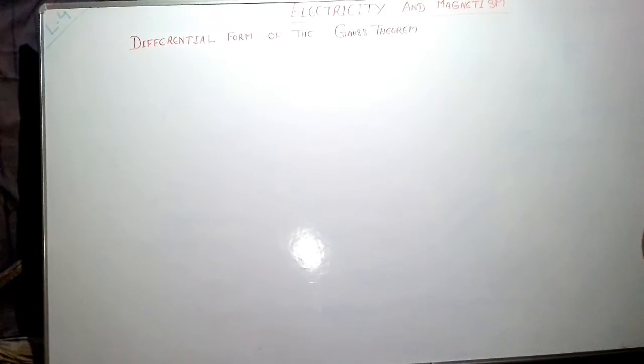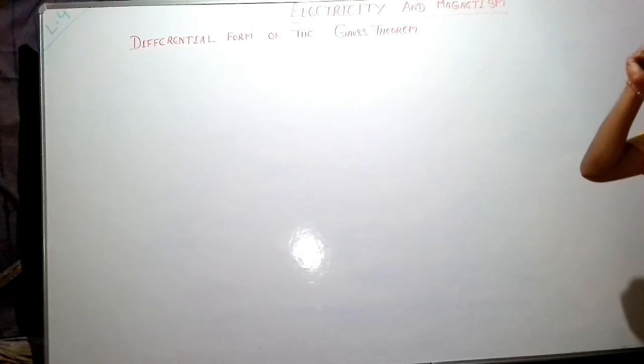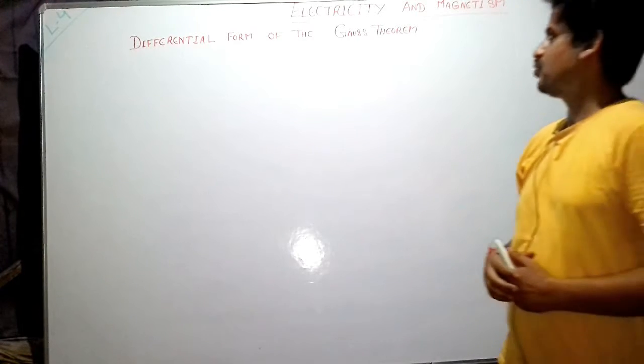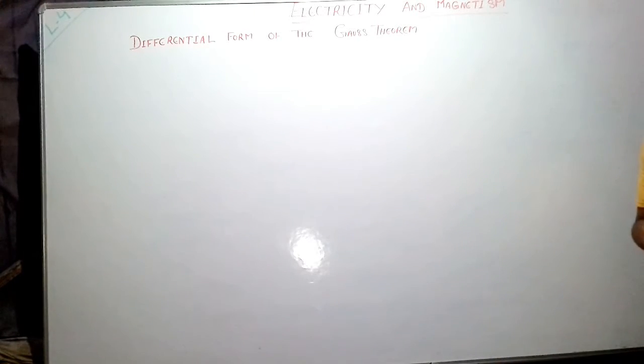This is the fourth lecture in this lecture series on Electricity and Magnetism, and in this lecture I am going to explain the differential form of the Gauss theorem. And what is the Gauss theorem?